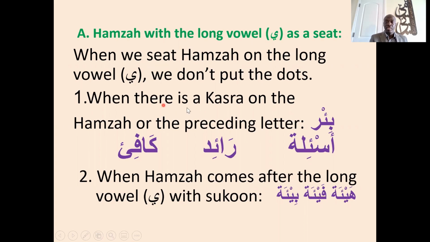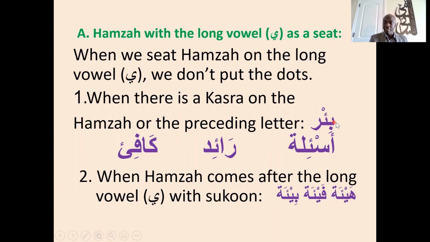When there is a kasra on the hamza or the preceding letter, the rule to remember is that we only care about two letters: the hamza itself and the letter that precedes the hamza. We look at the diacritics, or the short vowels, on these two letters.